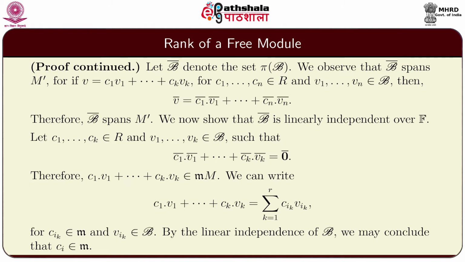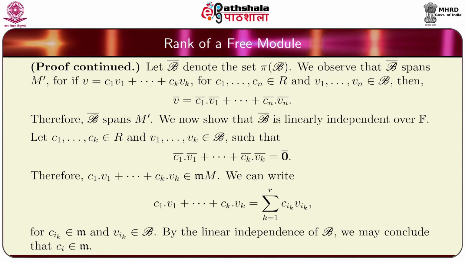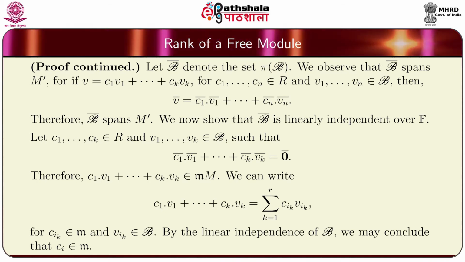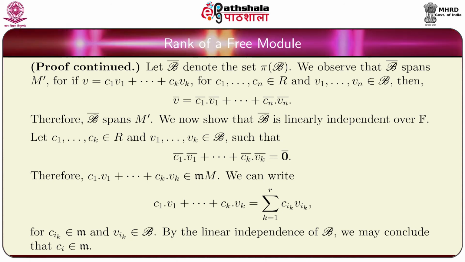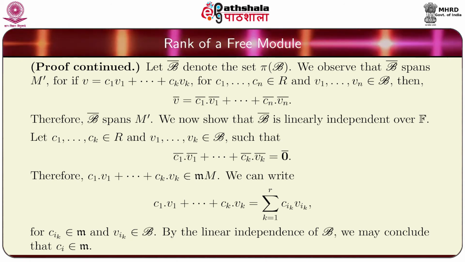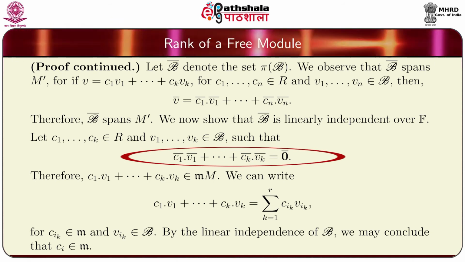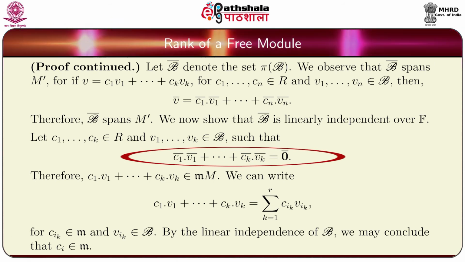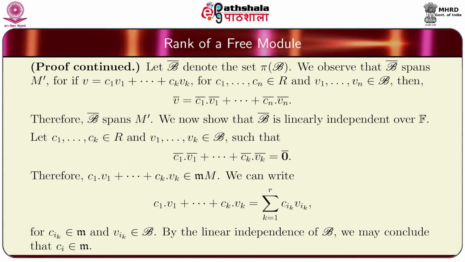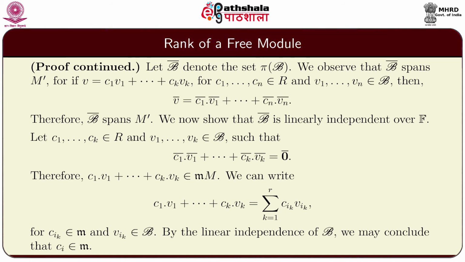We now show that B bar is linearly independent over the field F. Let C1 C2 Ck be elements in the base ring R and V1 V2 Vk be in the basis B, such that C1 bar dot V1 bar plus etc. plus Ck bar dot Vk bar is 0 bar.